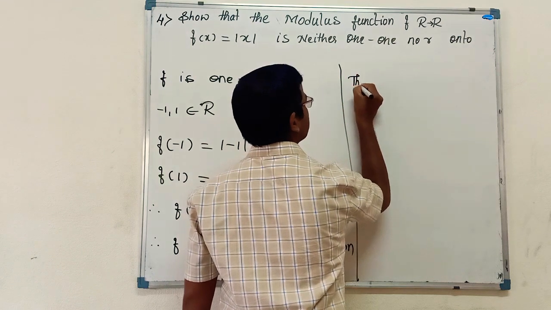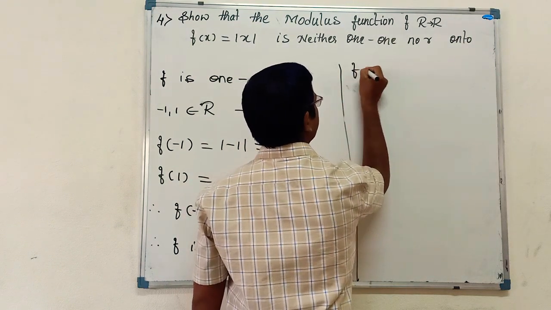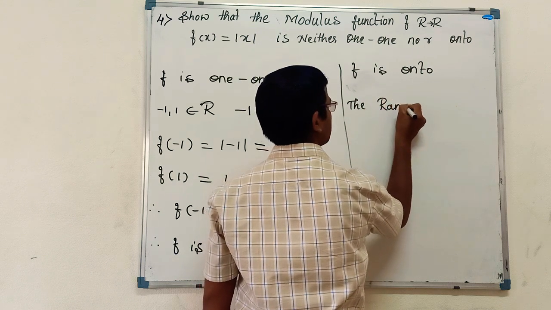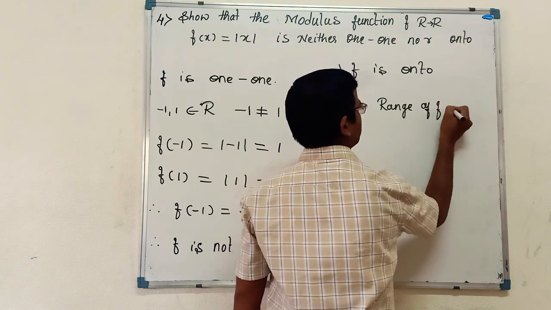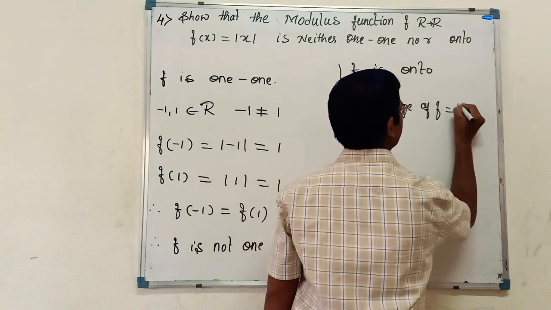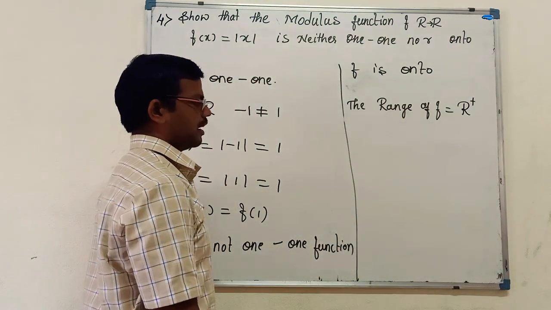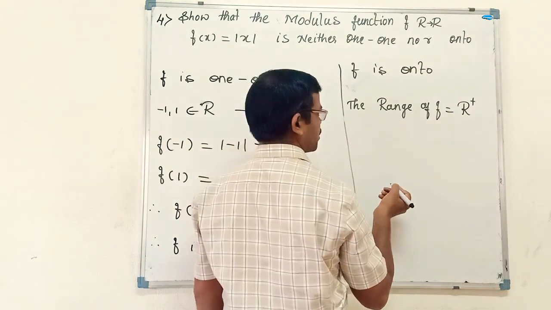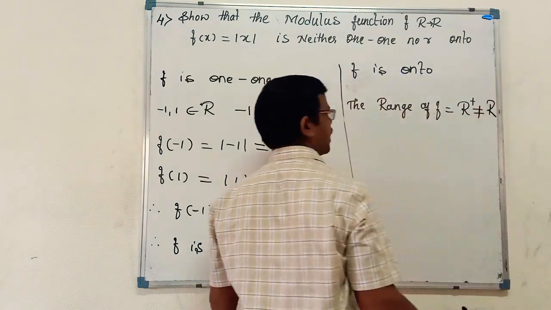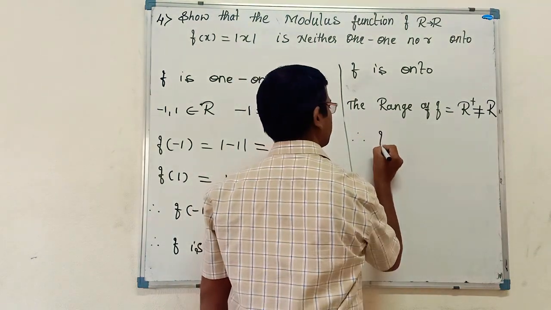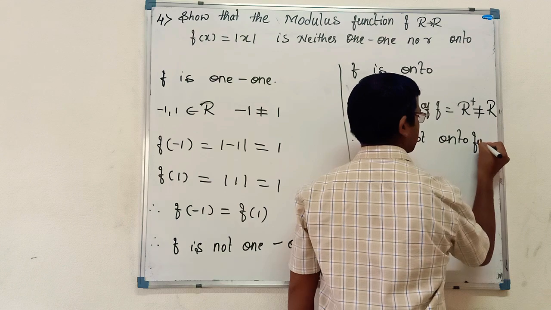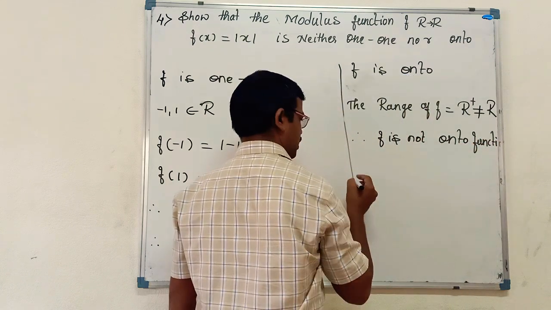For onto, the range of f is R plus, the positive real numbers, but it is not equal to the codomain R. Therefore f is not an onto function.